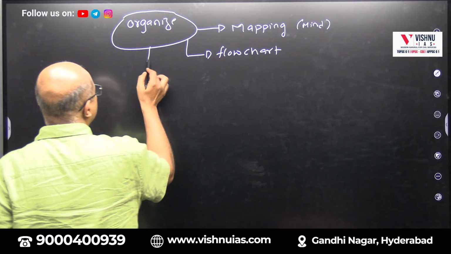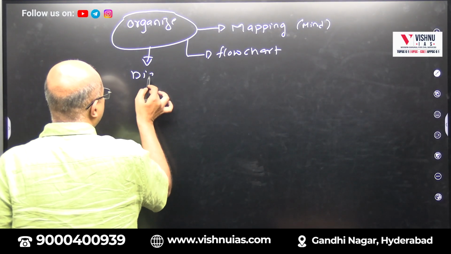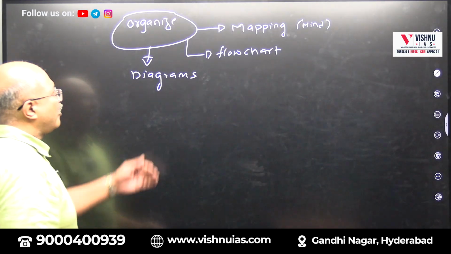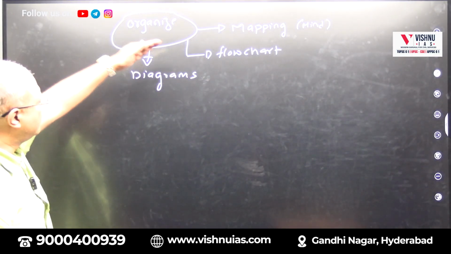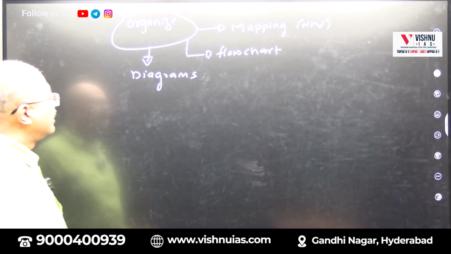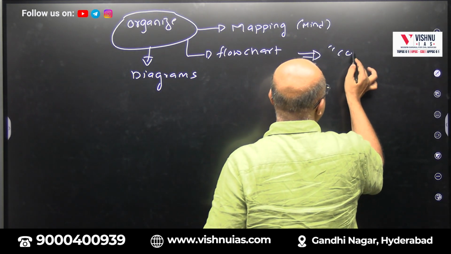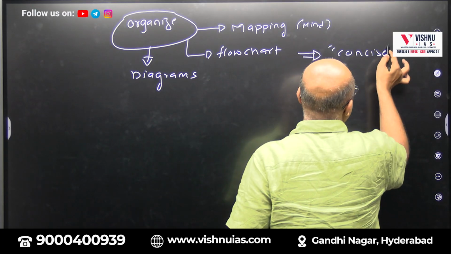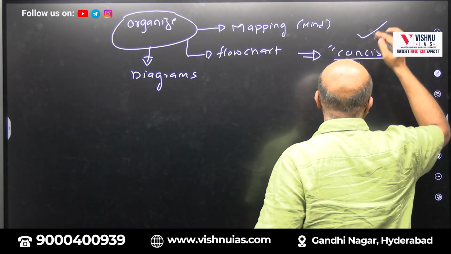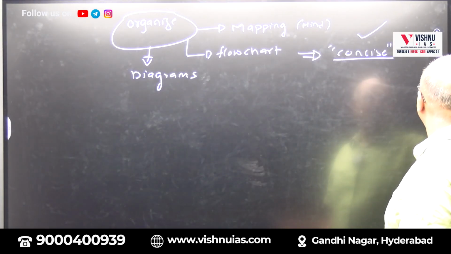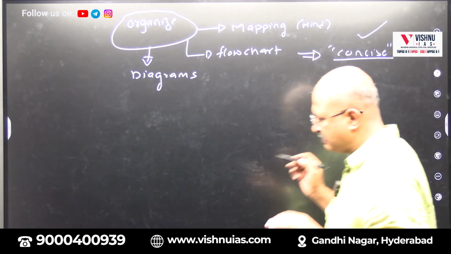Then you have to create something called diagrams, right? So when mind mapping is done, flow chart is done, diagrams are there, then you will have everything concise, which you can utilize in a very short period of time. So this is what the preparation has to be done in a simple way.